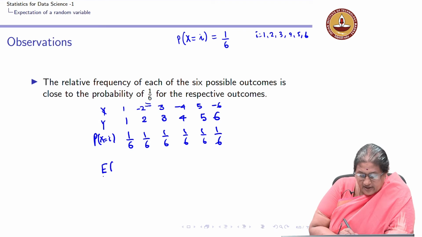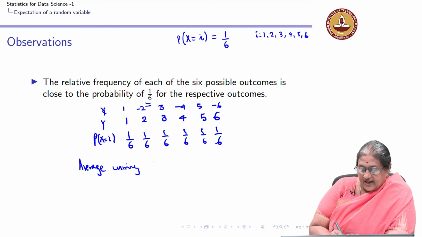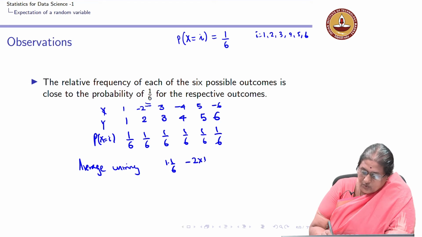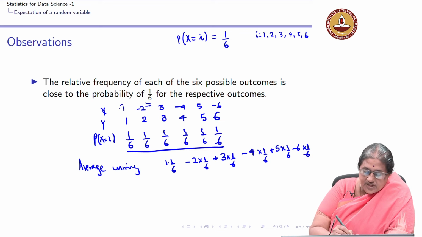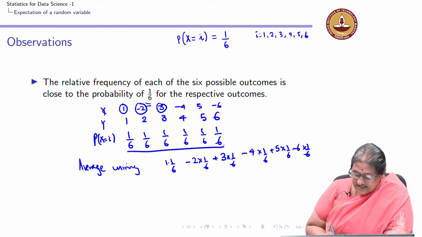So, I can see that my average winning can be rewritten as 1 into 1 by 6 minus 2 into 1 by 6 plus 3 into 1 by 6 minus 4 into 1 by 6 plus 5 into 1 by 6 and minus 6 into 1 by 6, where these 1 by 6 are the weights associated with the values the random variable is taking.